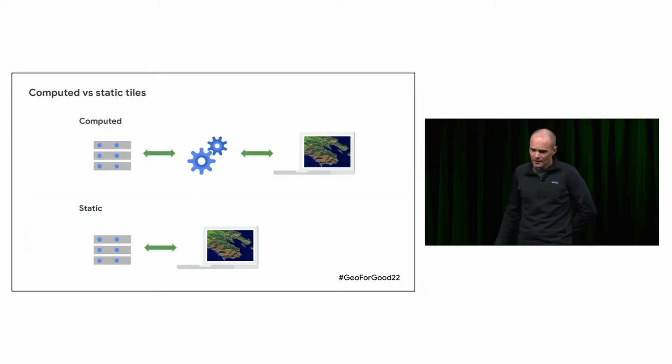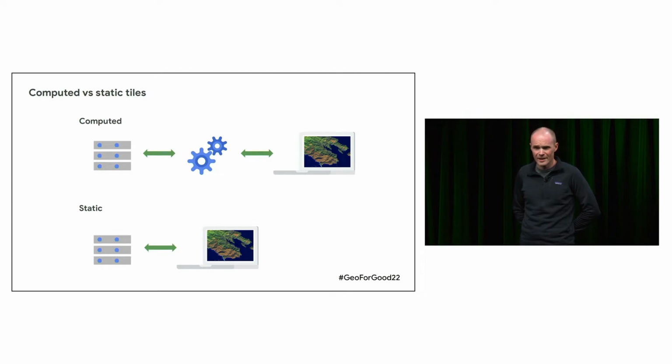And so at this point, we're on to step 4, perhaps, where you might decide that you want to export your visualization as map tiles or not. And the decision might come down to whether you want to have the power to compute or you want static tiles. So when you're in the code editor, the tiles are computed.